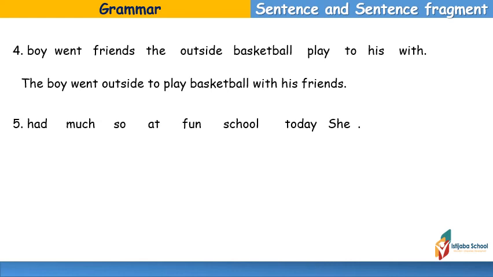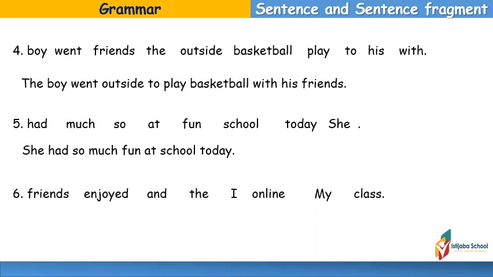Number five, had much so at fun school today she. She had so much fun at school today. Number six, friends enjoyed and the I online my class. My friends and I enjoyed the online class.